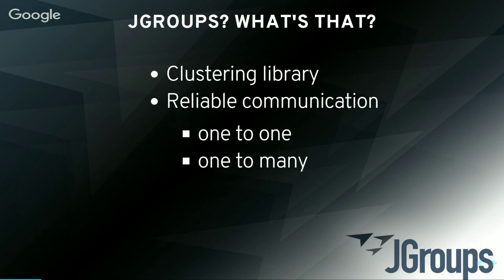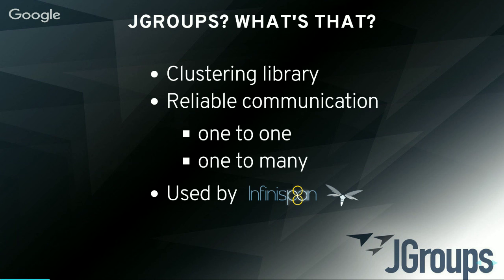The library provides you reliable communication, both one-to-one and one-to-many. So unicast and multicast. Using this unicast or multicast, you can create many useful applications like chat servers, some PubSub queues, everything that requires a running cluster.